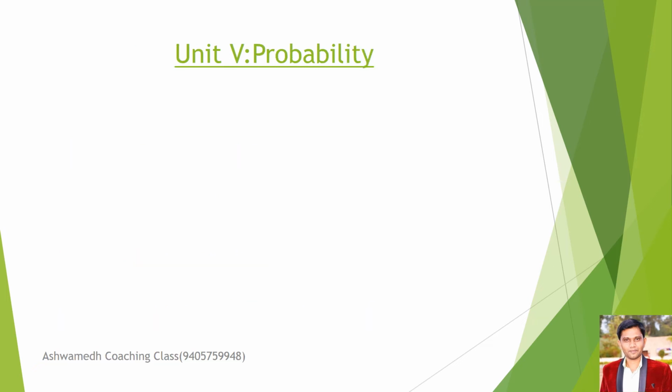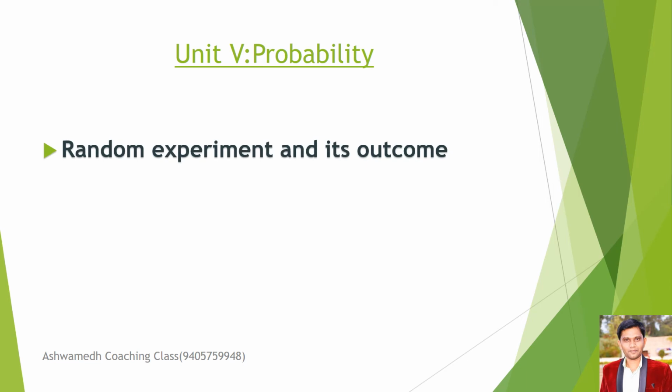So the next unit is probability. This is again an interesting unit. In our day-to-day life, we think about what will probably happen, probably I will go over there. Everybody thinks about this, and the concepts are what is a random experiment and its outcomes.